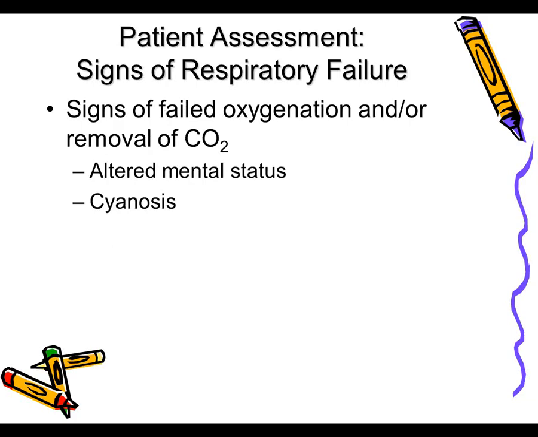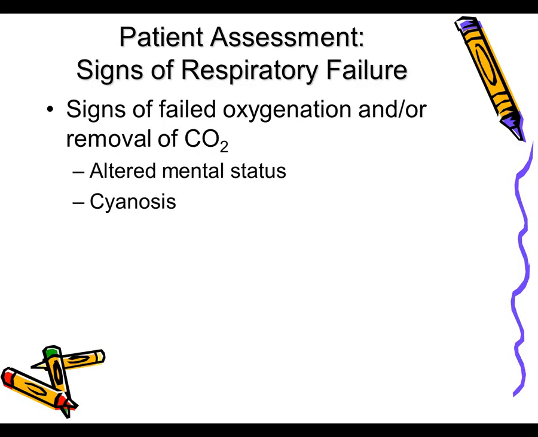Altered mental status is the earliest indicator that the compensatory mechanisms have failed. As long as I'm able to compensate and get oxygen to all my vital organs, I'm going to be okay. And the first organ to show dysfunction when you can't get enough oxygen to it is going to be the brain. So an altered mental status is going to be your earliest sign of respiratory failure.